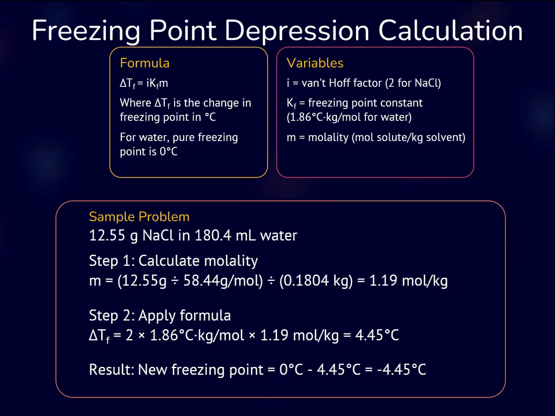Delta T sub F is equal to i multiplied by K sub F multiplied by m, which substituting in, I'll have 2 multiplied by 1.86 multiplied by 1.20, which is a value of 4.45 degrees Celsius. So the new freezing point is going to be 0 degrees Celsius, because that was the old freezing point, minus 4.45 degrees Celsius. So my new freezing point will be negative 4.45 degrees Celsius.